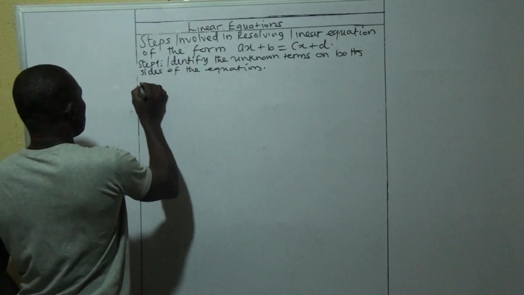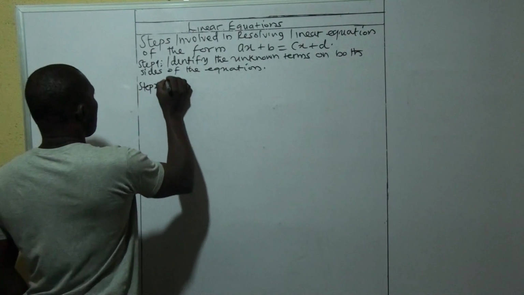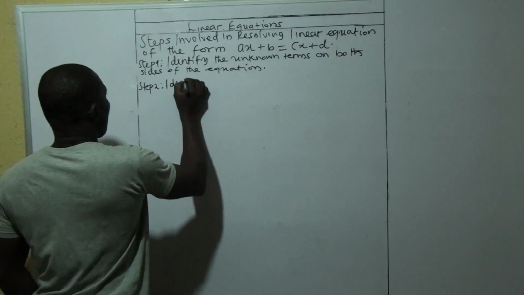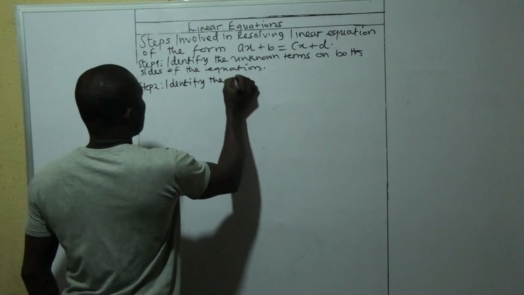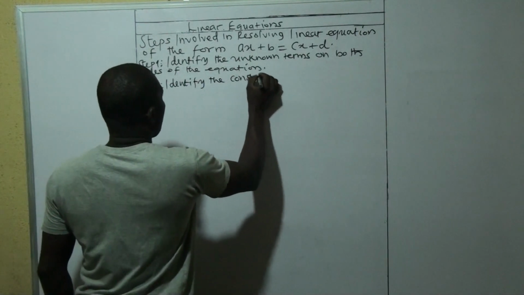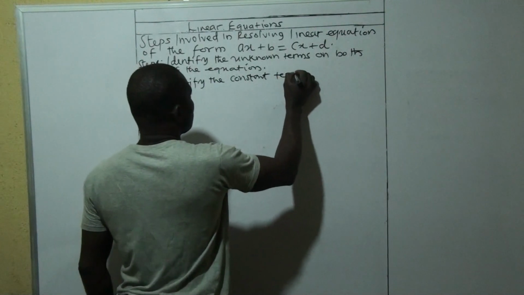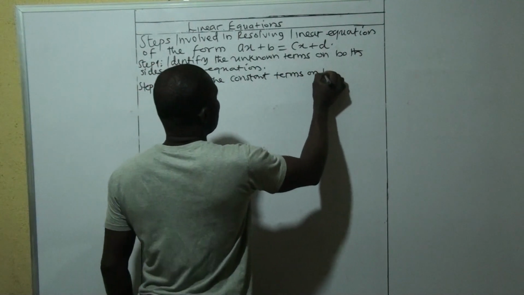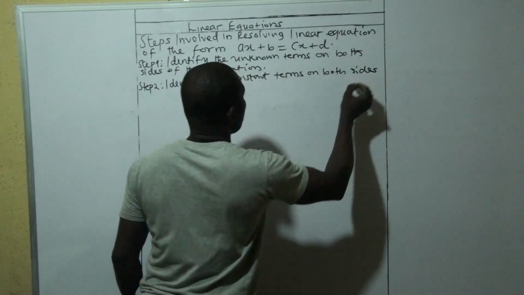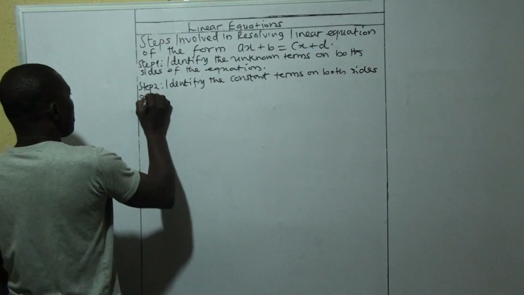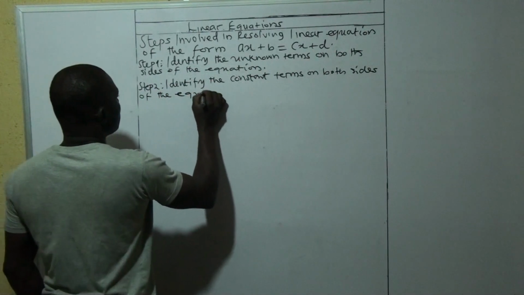Then step 2: identify the constant terms on both sides of the equation.